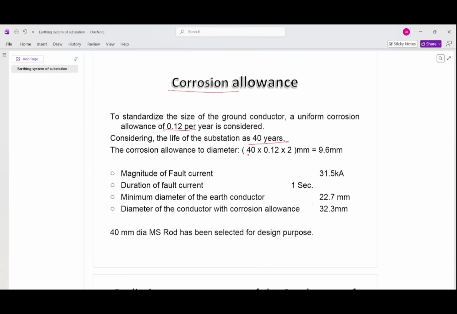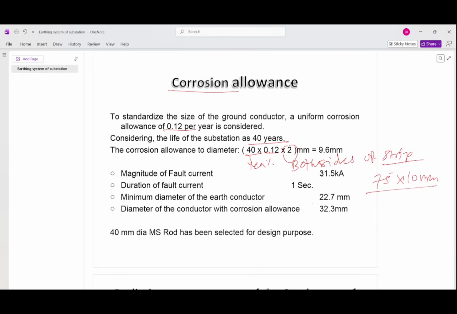So the corrosion allowance is over 40 years. 0.12 is the percentage loss, and 2 is for both sides of the strip. So this is calculated for the strip. Consider a 75 by 10 mm strip, and this corrosion allowance is on both sides of the strip.